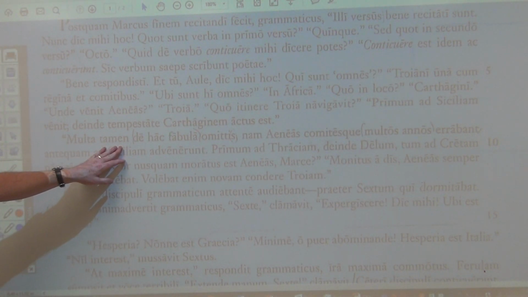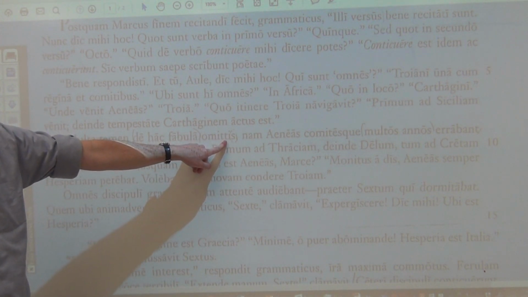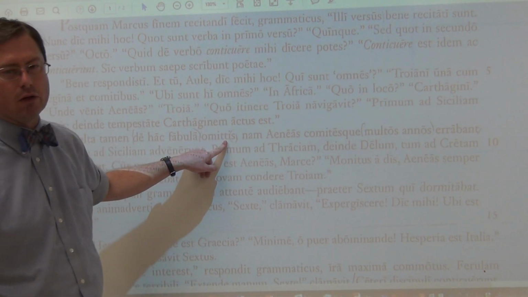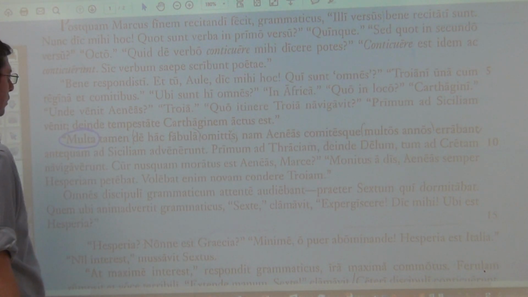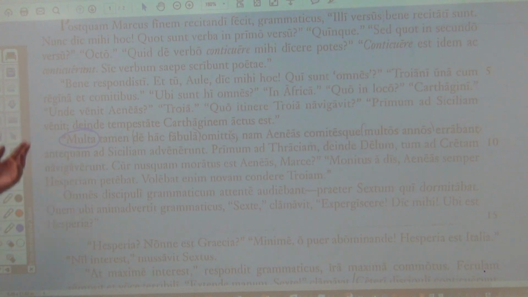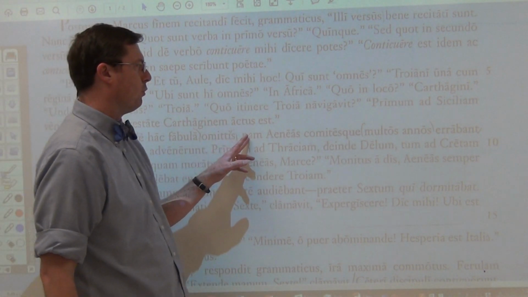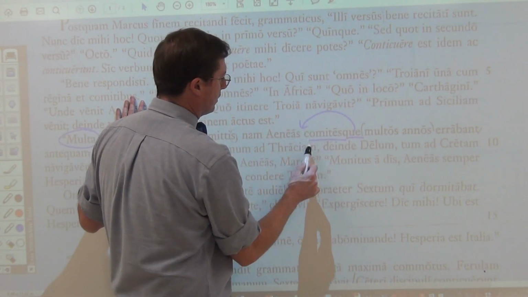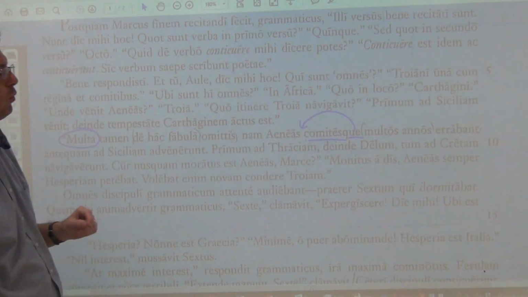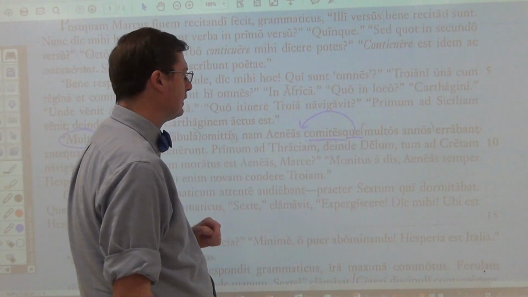Tamen, and this is now the teacher again talking. However, you omit, from omittere, mitto, misi, missus with om on the front of it, you omit, you are omitting many neuter, plural, accusative things. That's your direct object, substantively, about this story. For Aeneas and his companions, remember that que is the equivalent of an et in between, or like an et on the word to which it is attached.